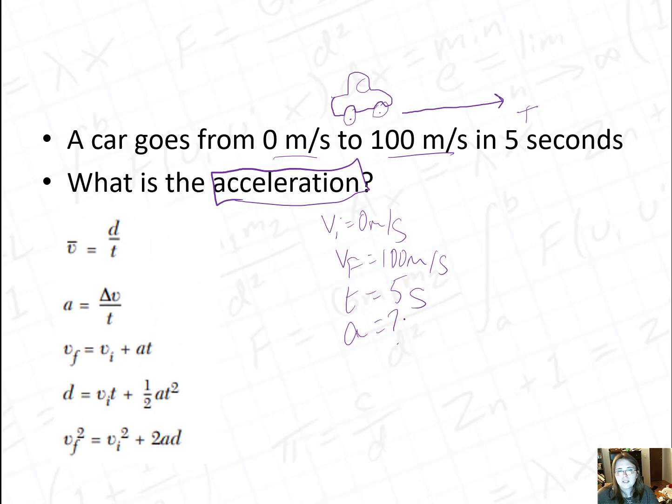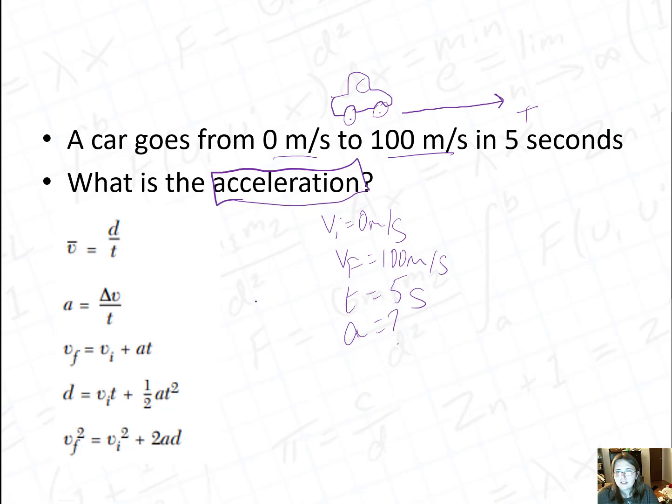If we bring up our equations, we can look for something that has initial velocity, final velocity, time, and acceleration. We see it as this one here with final velocity equals initial velocity plus AT, but this equation here, A equals change in velocity over time, is the same thing, but it's already solved for A for us, so we don't even have to worry about anything.